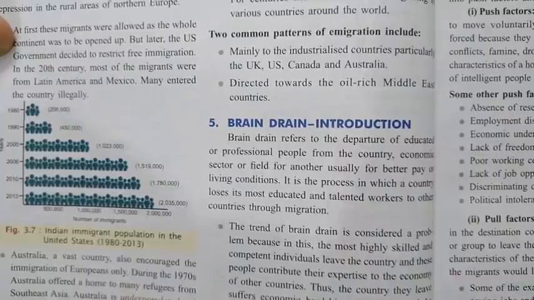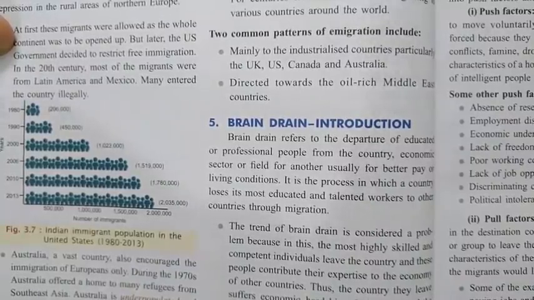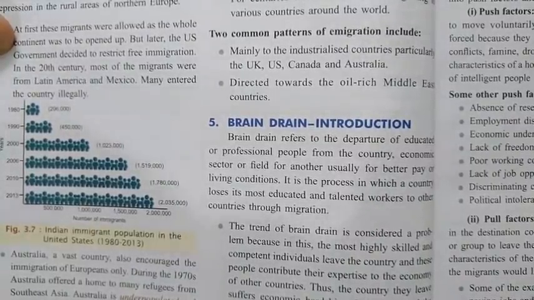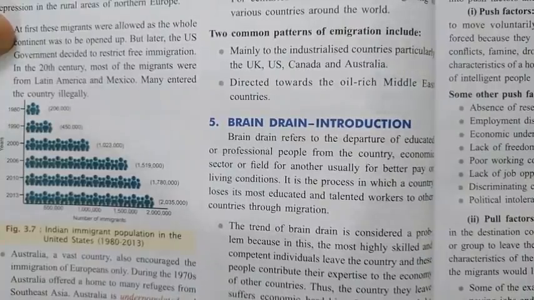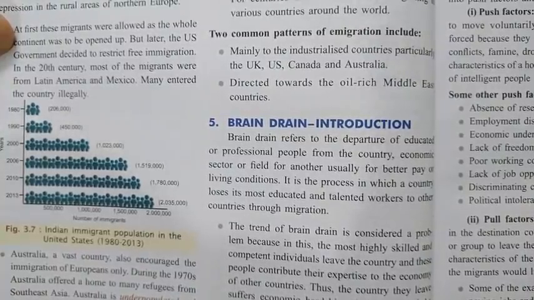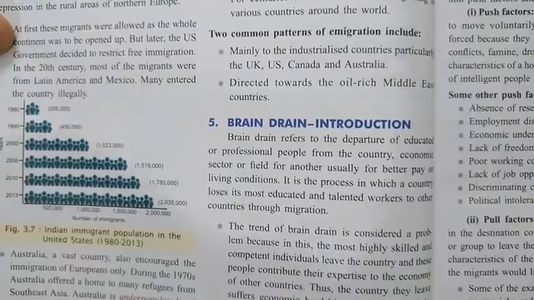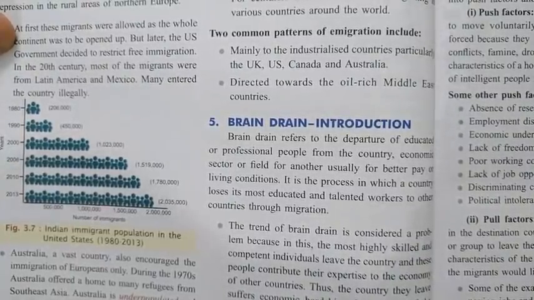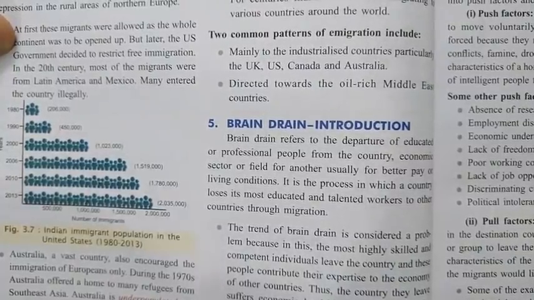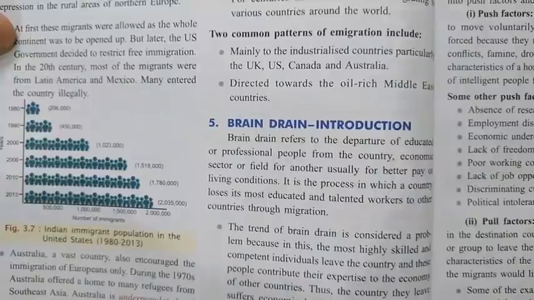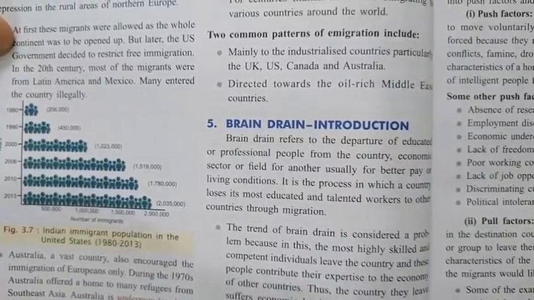Because of better opportunity, a very good salary, a very good package, many new students, new young people from India want to work in developed countries, mostly the United States of America, then the UK or France or Italy or Spain. Why?